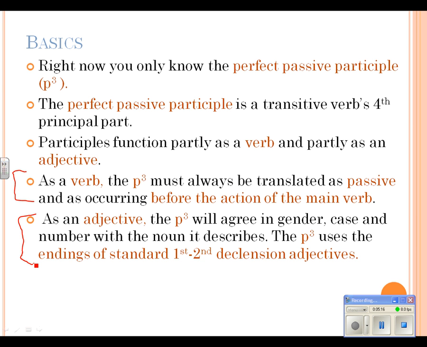When it comes to adjective endings, the P cubed uses the full set of adjective endings that you'd find on a normal first or second declension adjective, like magnus, magna, magnum, or something similar. Questions?